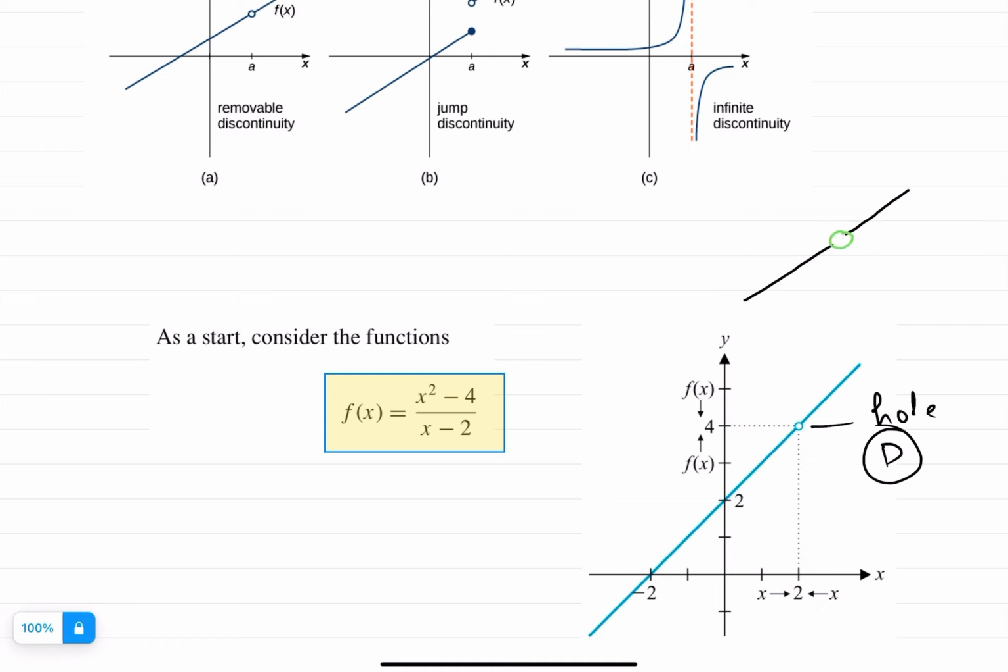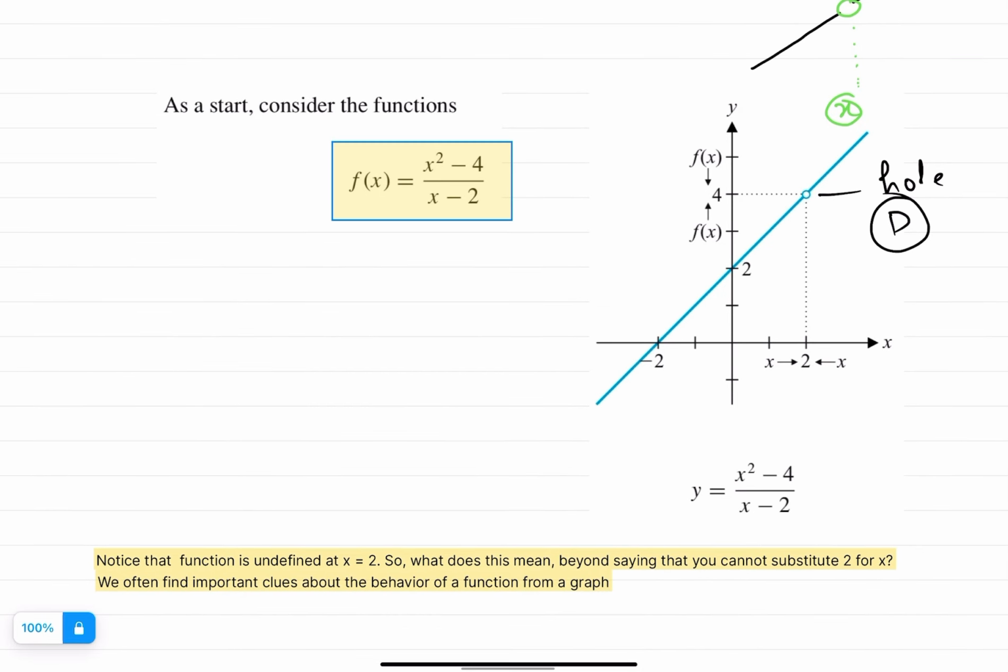Let's suppose you want to find the behavior of this function at this point. First we will do it from the graph and table, then we can do it algebraically.